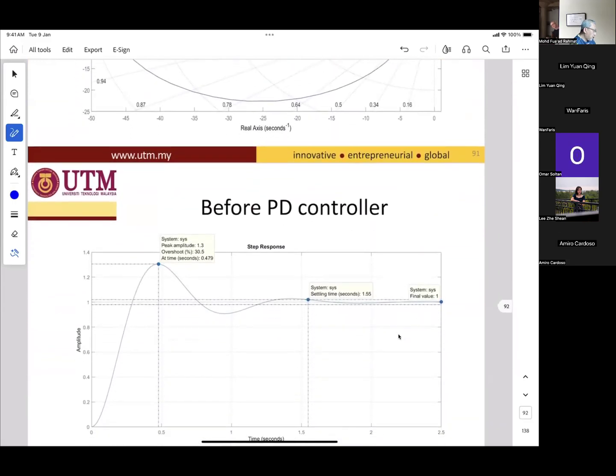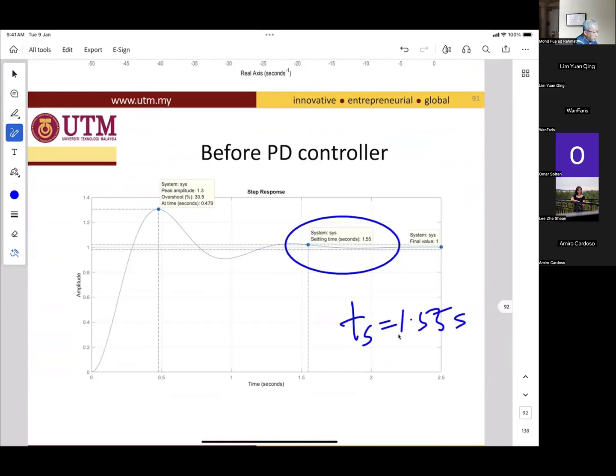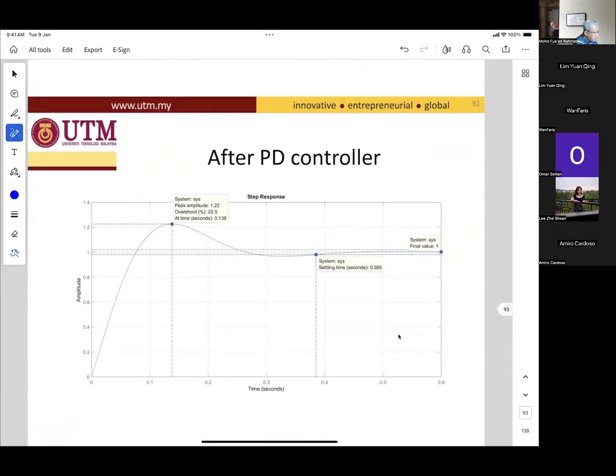But the bottom line is our target is to make the settling time improve by four times, or shorter by four times. Before the PD controller, the settling time is 1.55 seconds, and after the PD controller it is 0.385.